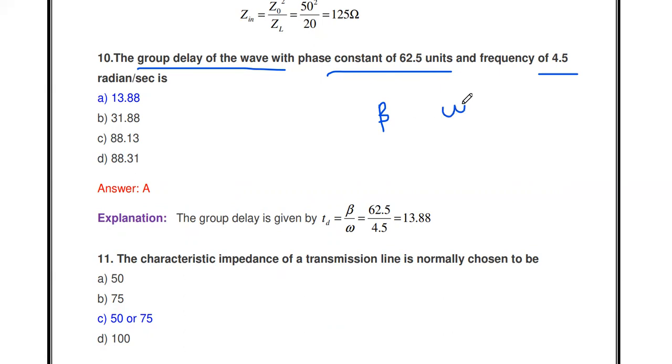So the beta value and omega value are given, and the question is group delay. Already you know the formula for group delay. The group delay TG is equal to beta divided by omega, phase constant divided by frequency. So you just substitute 62.5 divided by 4.5, and we will get the answer 13.88. Okay, so 13.88 is the answer.